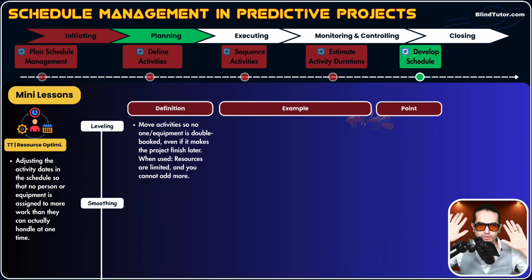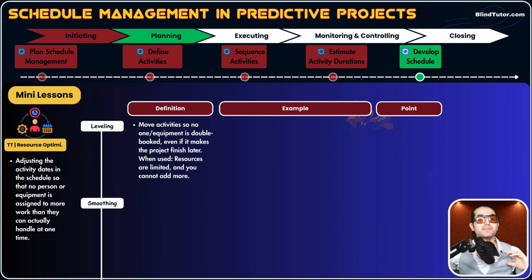Now, for these activities, guys, when we face a resource problem, we use what? Resource leveling. We don't care about the finish date. We must shift these activities that are on the critical path so we are able to do them.